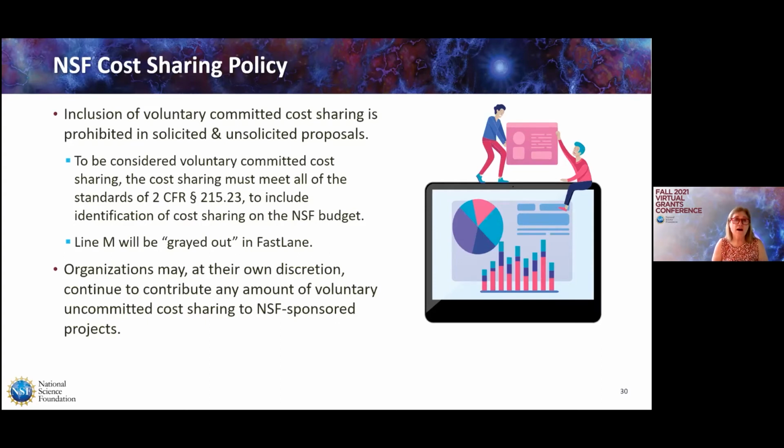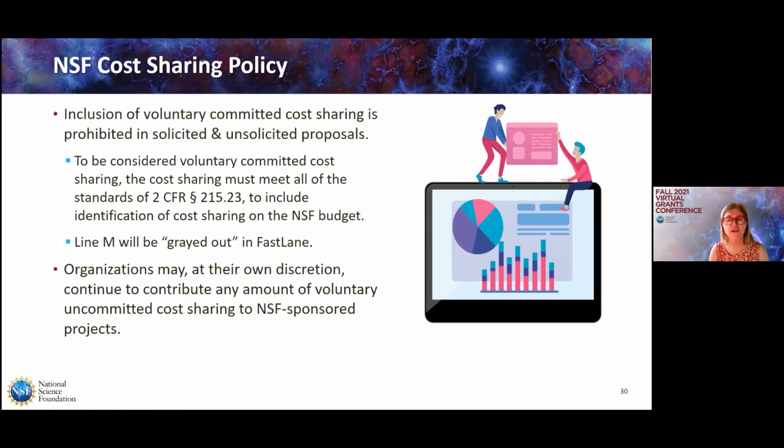So we have essentially mandatory cost sharing, which means you have to do it. You have to put an amount on line M as specified in the solicitation of cost sharing. It's an eligibility rather than a review criterion, meaning you either meet the bar or you don't.